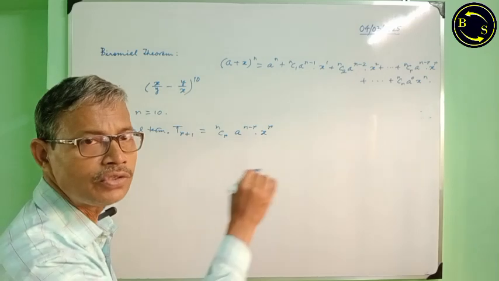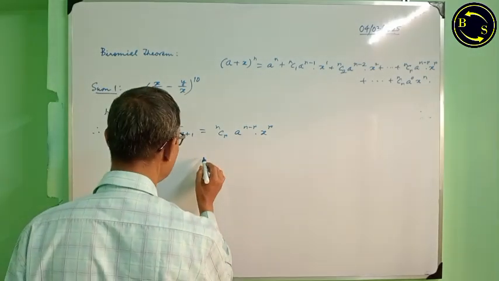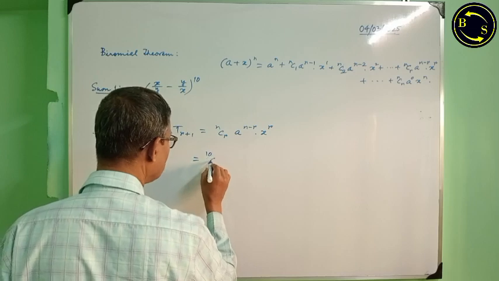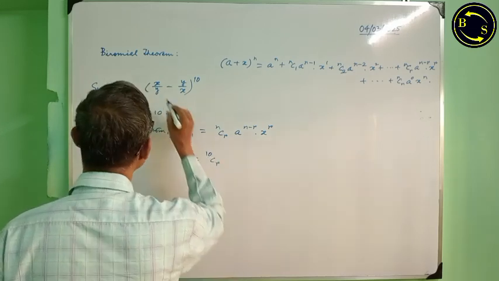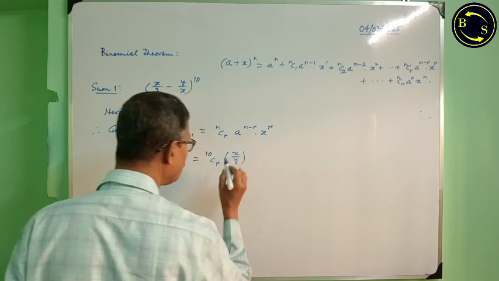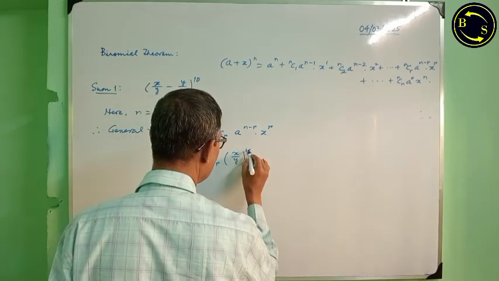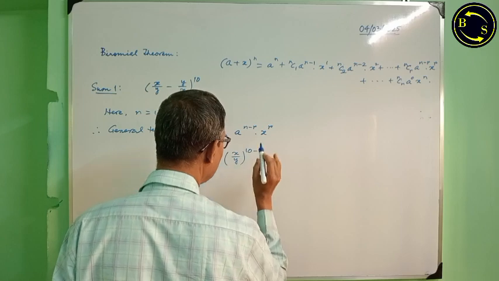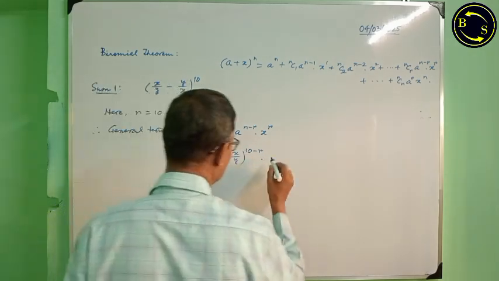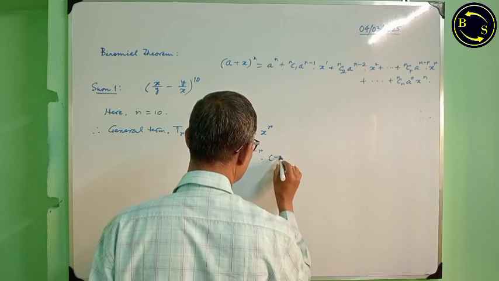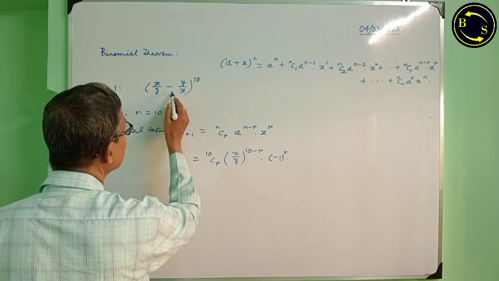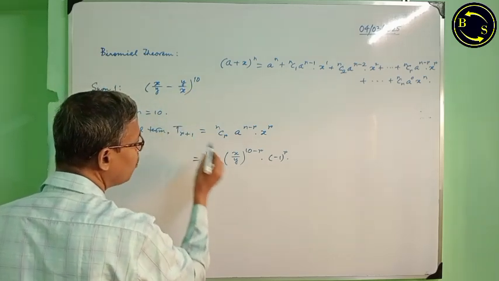Remember, first we write the general form, then we put the value. Here n is 10, therefore 10 C r, a means x by y whole to the power 10 minus r, into x means this one, minus 1 whole to the power r, minus of y by x whole to the power r.